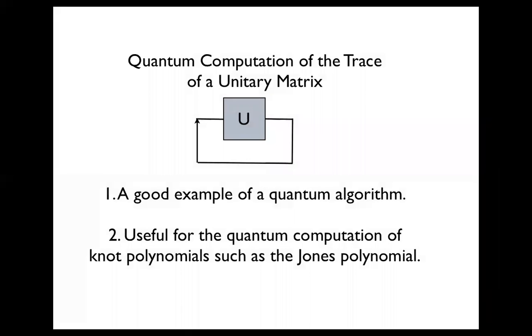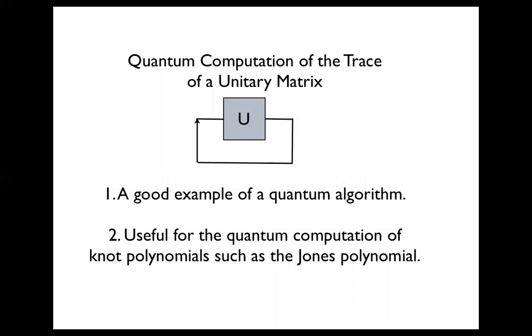In fact, I want to discuss a quantum algorithm that will do the following. I want to show you how we could design a quantum algorithm that would compute the trace of a unitary matrix. And I do this with malice aforethought because this is how I'm going to make a quantum algorithm to compute the Jones polynomial.